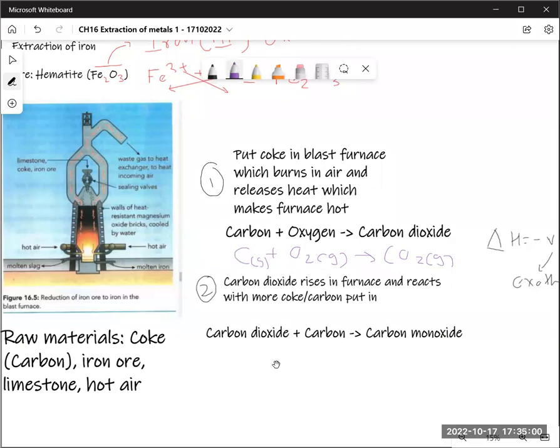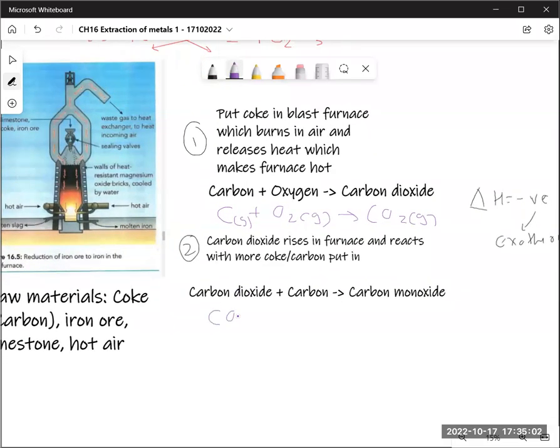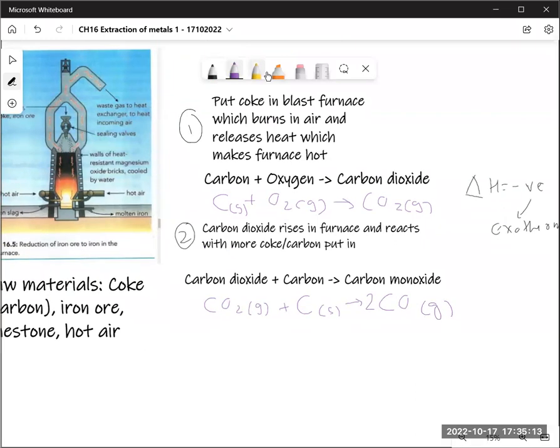Now you need to write this as well. In the exam, they'll ask you. Second thing is CO2 gas reacts with carbon again, carbon solid, to give us CO gas. Now, Safa, read this equation. Carbon dioxide plus carbon gives carbon monoxide.